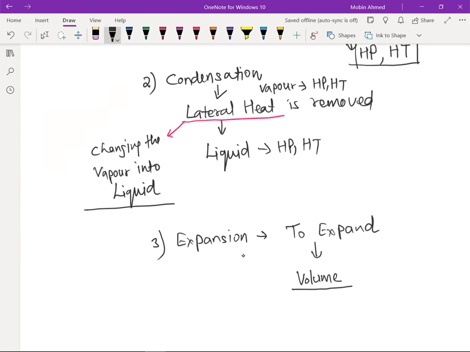That means the diameter. Because this liquid is a high pressure liquid, when we expand it, it goes to the low pressure side. This is also known as a thermostatic expansion valve, we'll come to that one. So this thermostatic expansion valve is there.